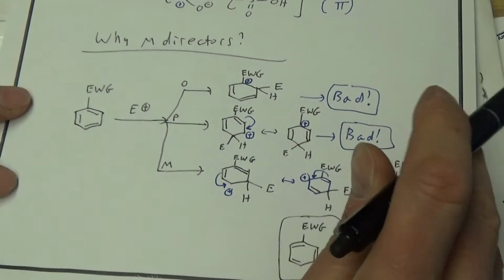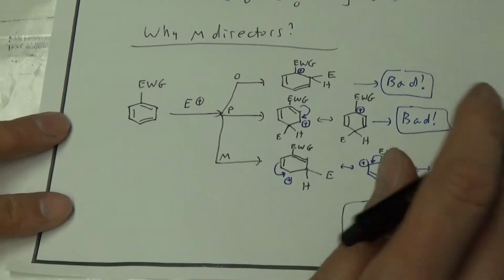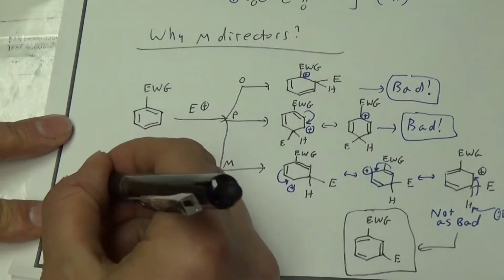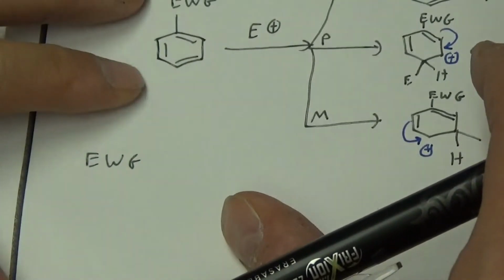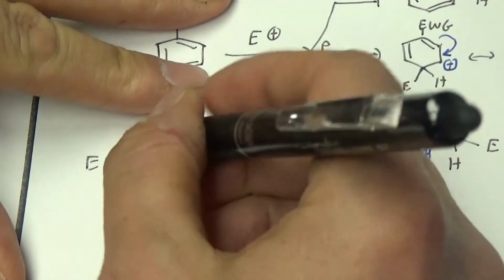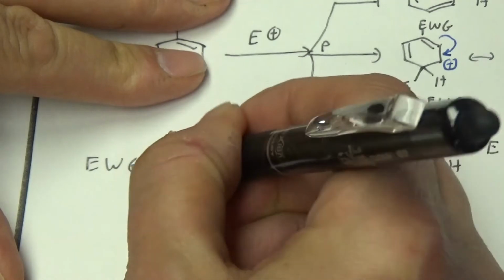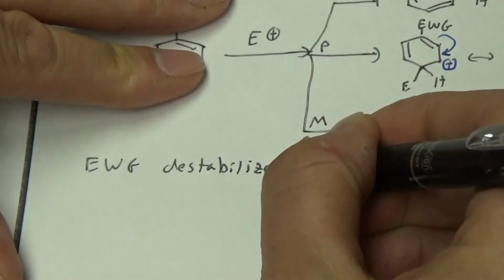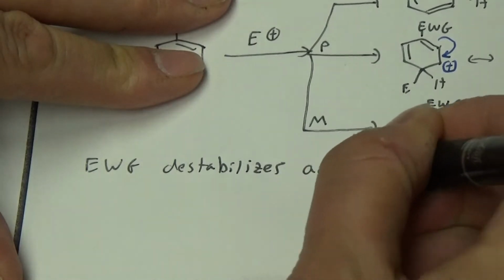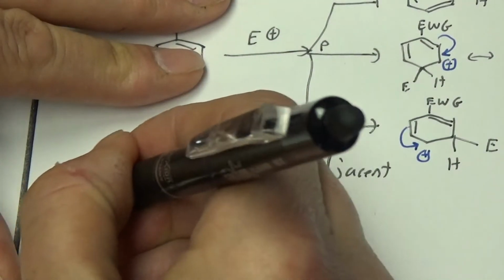I like to state that in words also. I say EWG destabilizes adjacent positive charge, carbocation.